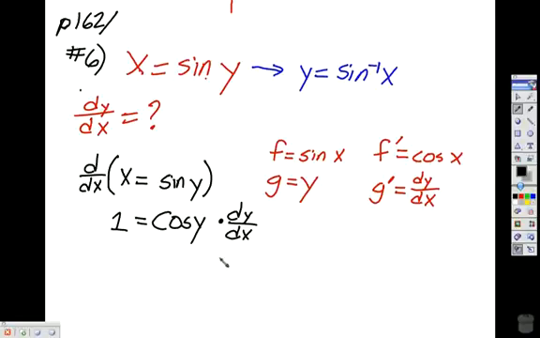All right, so now our goal was to find dy dx, so we're just going to solve for this thing right here. We're going to solve for dy dx. So since it's multiplied by a cosine y, we will divide by that cosine y. And there's our answer.